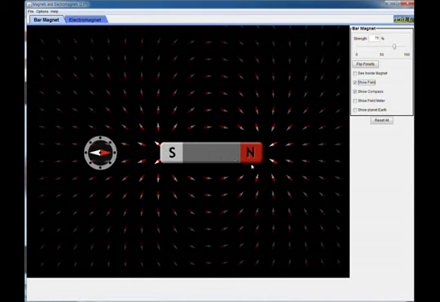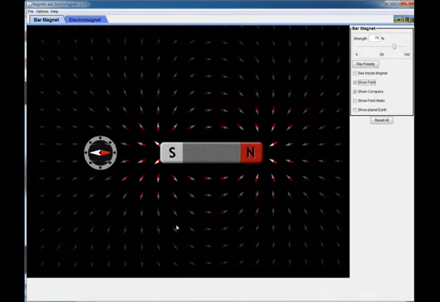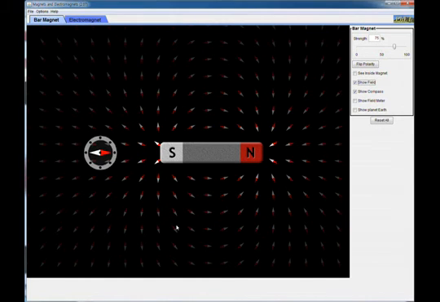Suppose you have a positive charge here and a negative charge here; this will exactly be the direction of the electric field. So the behavior of the magnetic dipole is very similar to that of the electric dipole, and the magnetic field is also very similar to the electric field. You learned electric field lines in the previous chapters, so here you can use the same idea and draw the magnetic field lines.